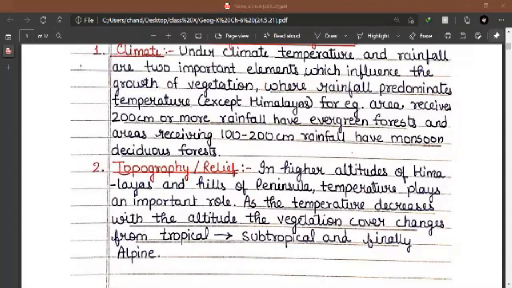In higher altitudes of Himalayas and hills of peninsula, temperature plays an important role. As the temperature decreases with the altitude, the vegetation cover changes from tropical to subtropical and finally alpine.